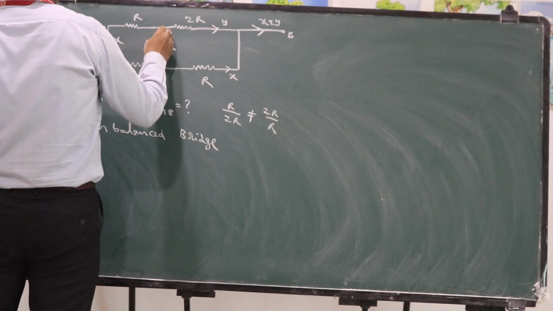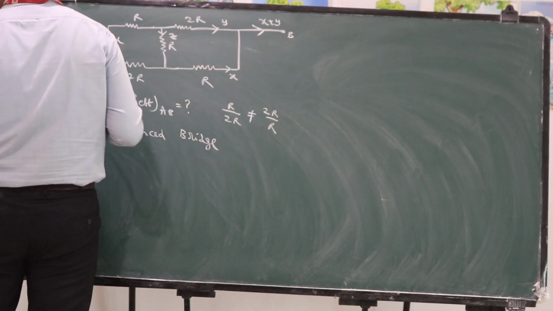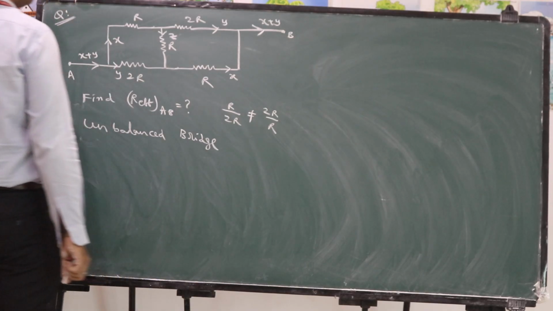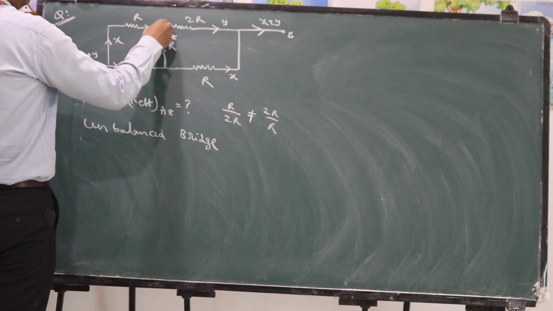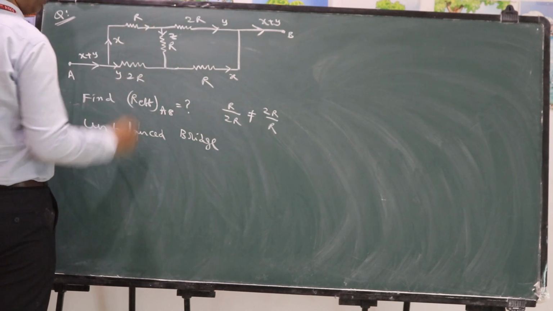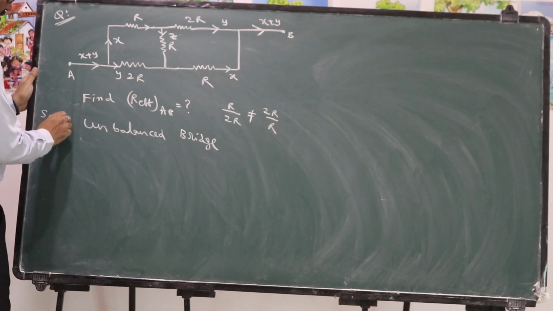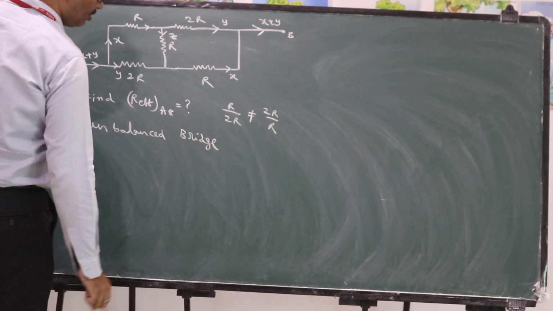And here some Z is the current passing through this resistor. What will happen? Here X is coming, Z is leaving, remaining Y is going that side. So solution is like this. As per the observation, this is an unbalanced bridge.